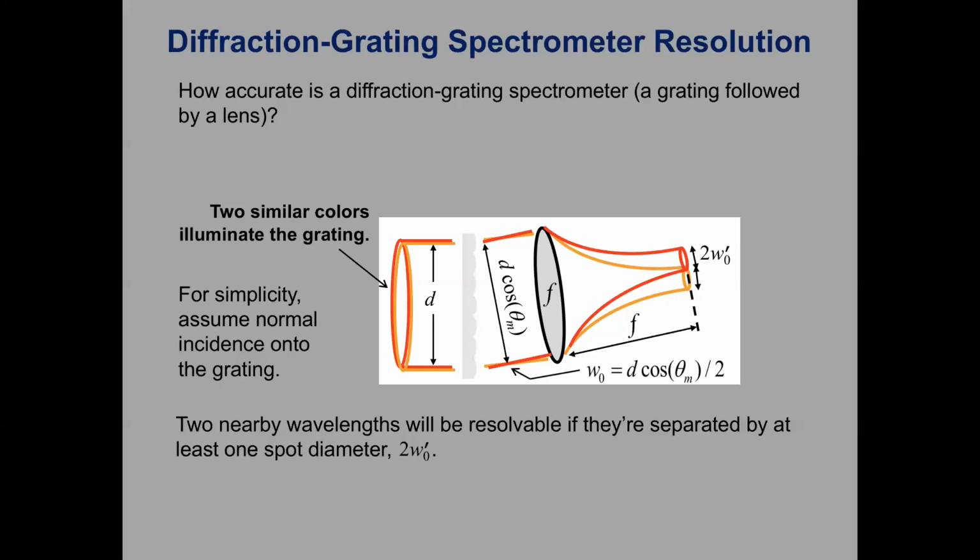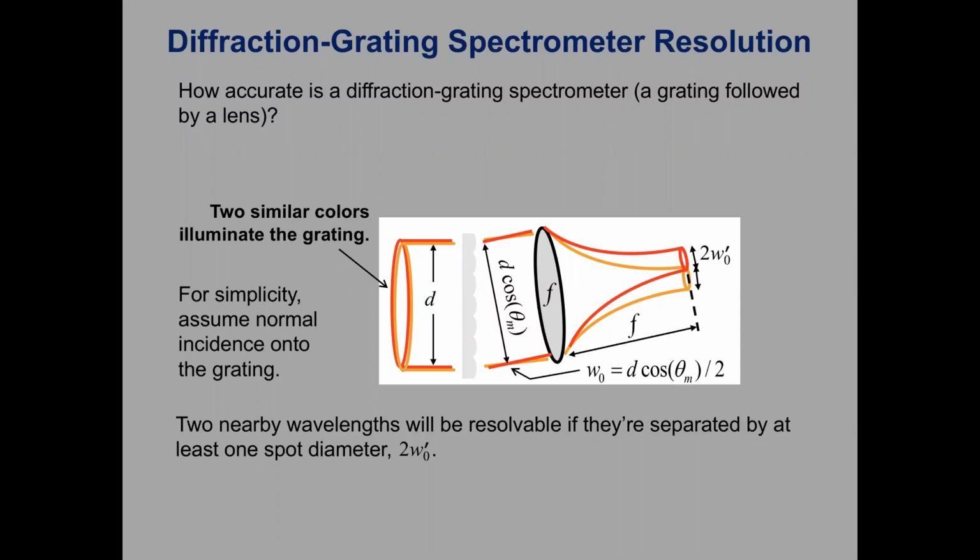So we can use this to get an initial measure of our beam waist, quote unquote, or the radius of our beam before the lens, which we could call W0. W prime will be the radius of the beam spot after we focus it down on the detector. And the key point here is that two wavelengths that are very close to each other, we'll be able to tell them apart as long as we can focus their beam spots to completely different spots.